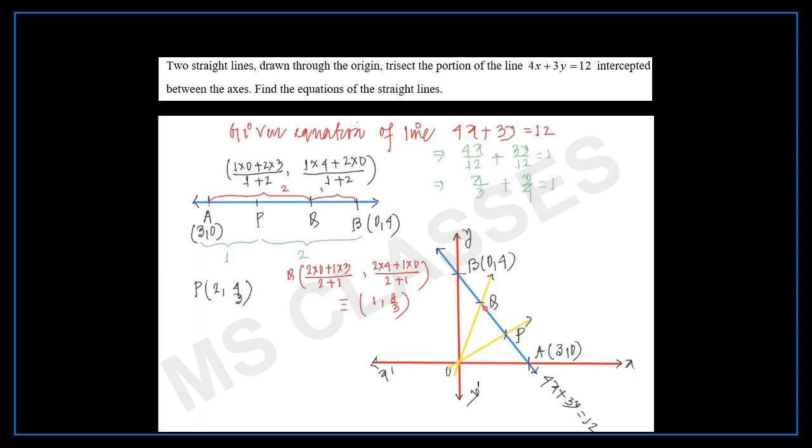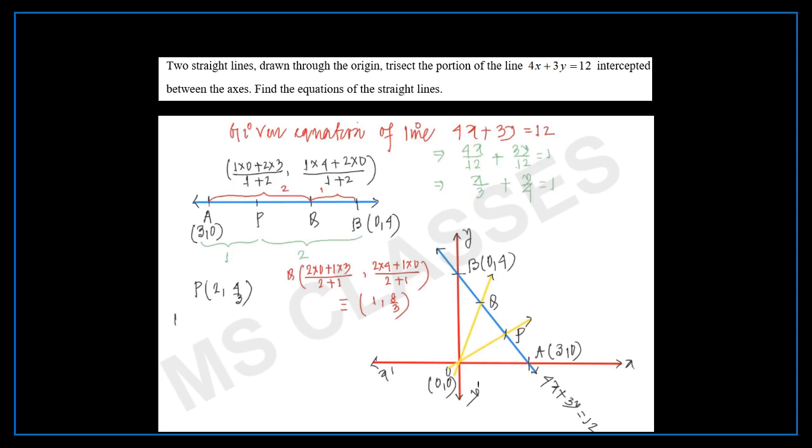Now after that, what is our intention? To get the equation of OP and the equation of OQ. O is the origin (0, 0), so we know two points on the line OP and two points on the line OQ. So definitely we can find the equation.